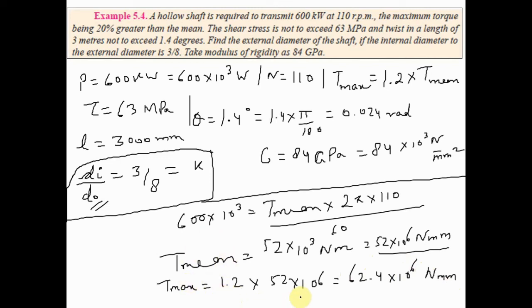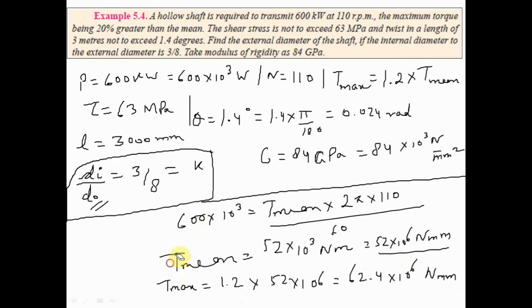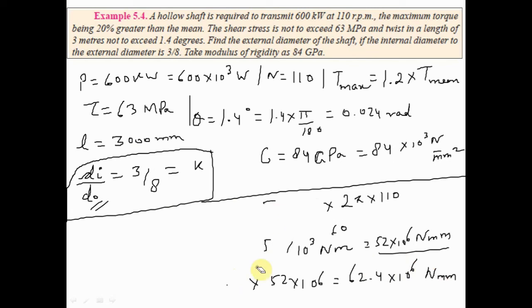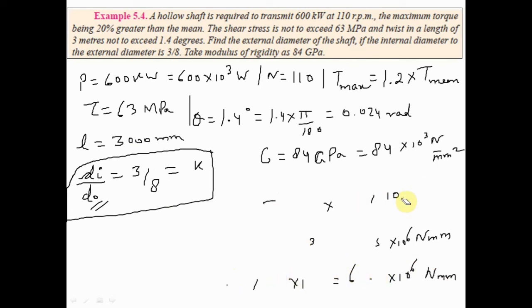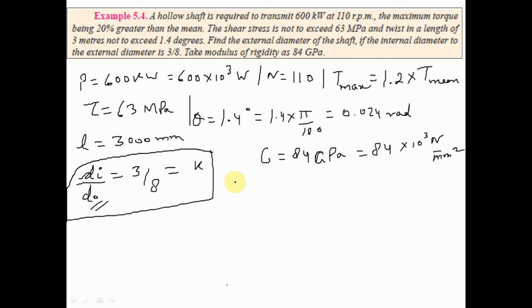I am going to erase and then move further. Okay, so we got the value of T max. T max is equal to 62.4 into 10 to the power 6 Newton millimeters.